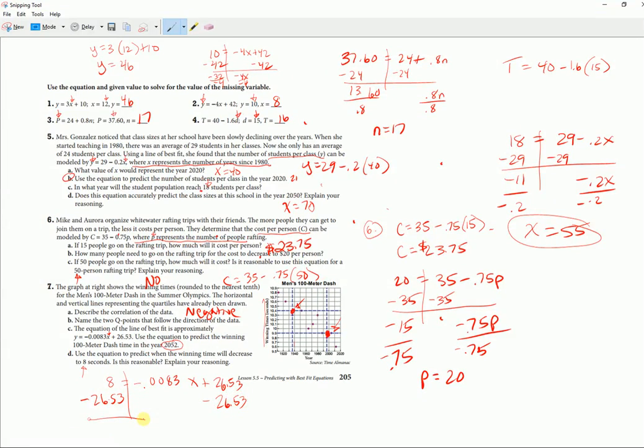You'll end up with some big negative number and negative 0.0083x, and you'll divide both sides by this decimal. I would imagine the answer is sometime in the distant future, and you can either say yes, that seems reasonable because we're going to start becoming robots and get super quick, or you can say no, there's probably a limit to how fast we can get. I'll leave that up to you.